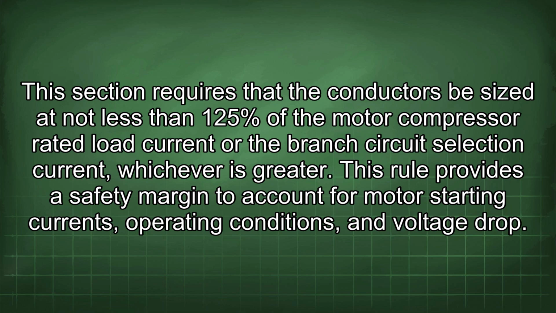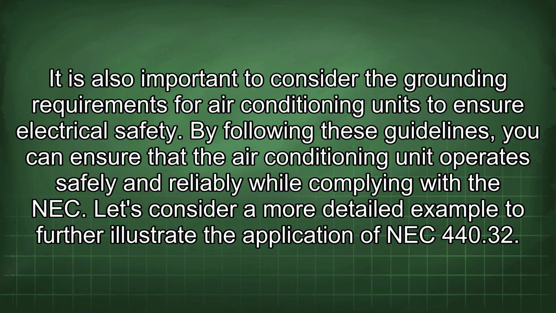This rule provides a safety margin to account for motor starting currents, operating conditions, and voltage drop. It is also important to consider the grounding requirements for air conditioning units to ensure electrical safety. By following these guidelines, you can ensure that the air conditioning unit operates safely and reliably while complying with the NEC.